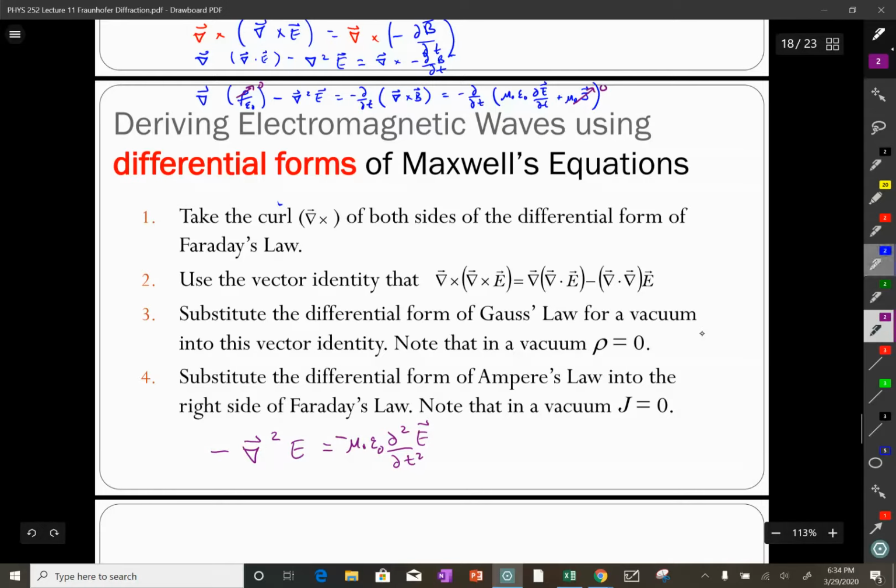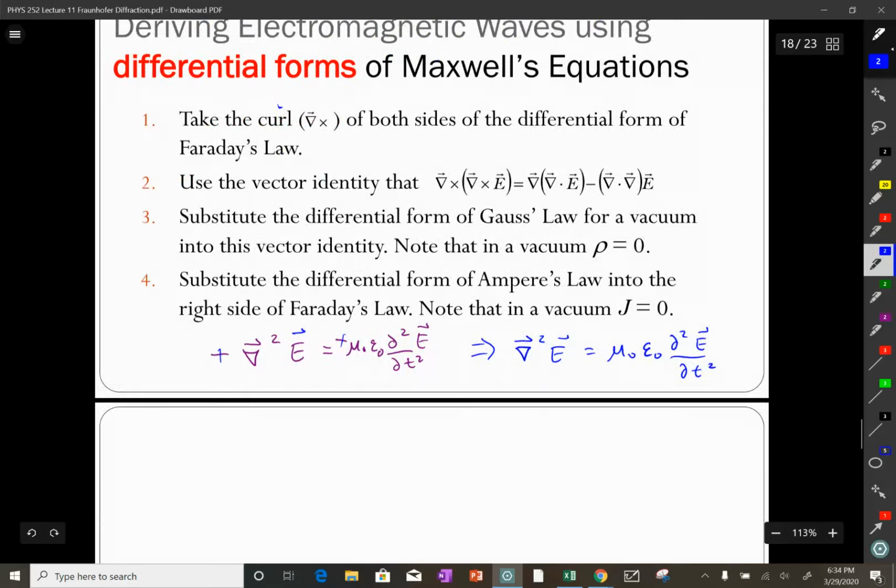And of course, those minus signs, we can just cancel those out and make them both positive. That, my friend, is a wave equation.